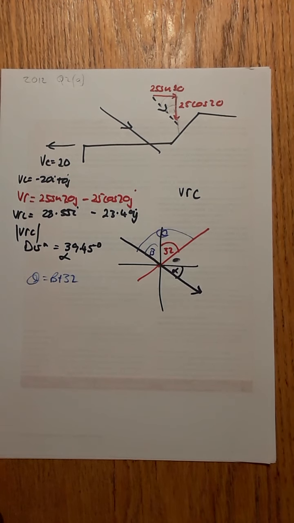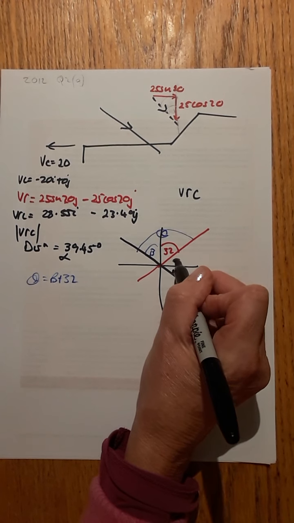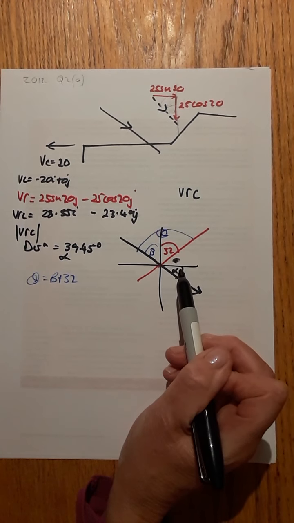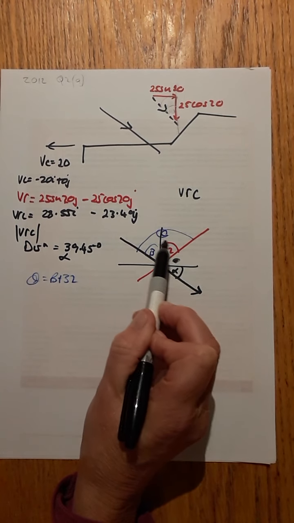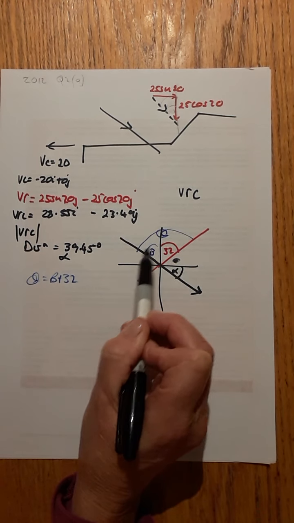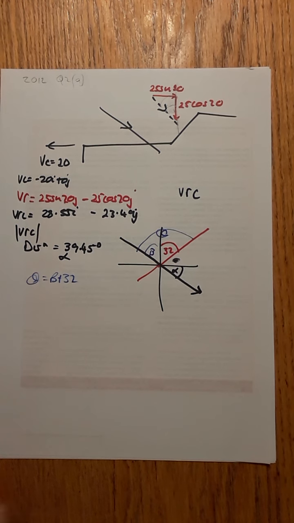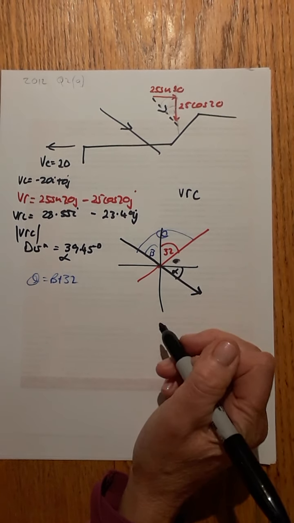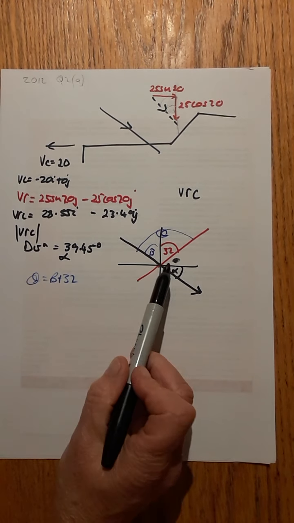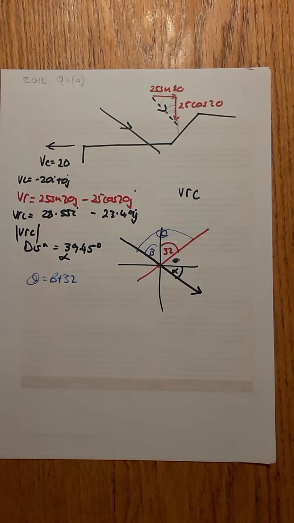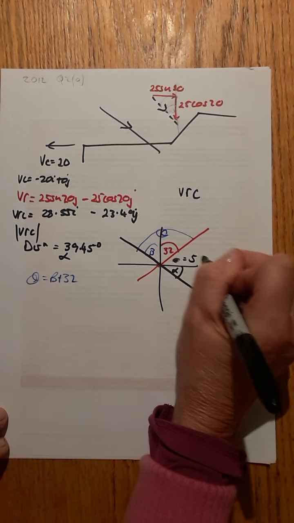I'll take 32 from 90 to get dot, and then I'll be able to find beta, because that angle there will be 180 degrees. It's a bit long-winded, but you'll get there eventually. So what's angle dot? It will be 90 minus 32, which gives me 58. So this angle here is 58.